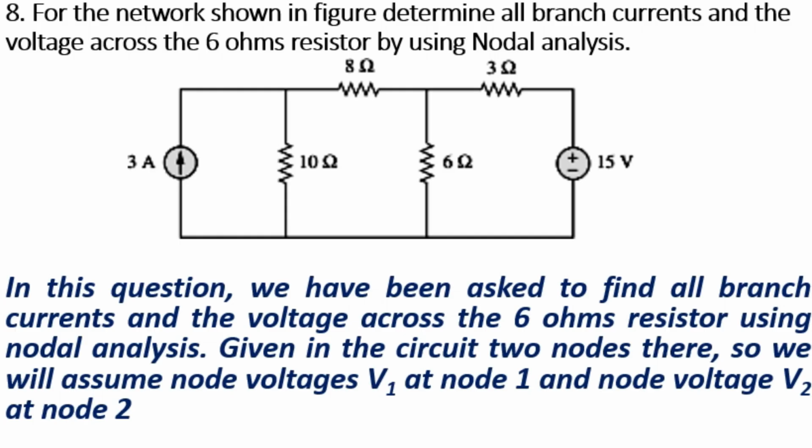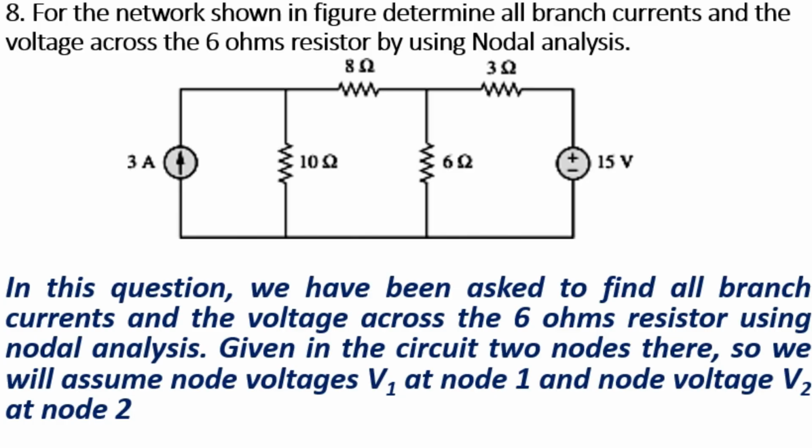For the given network shown in the figure, determine all branch currents and the voltage across the 6 ohm resistor using nodal analysis. The given question is, using nodal analysis you need to find the current flowing through each branch and the voltage across the 6 ohm resistor.